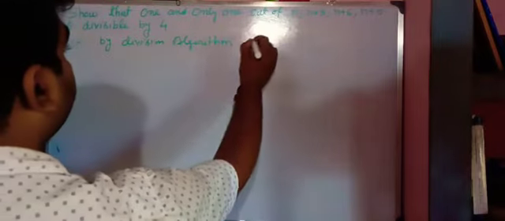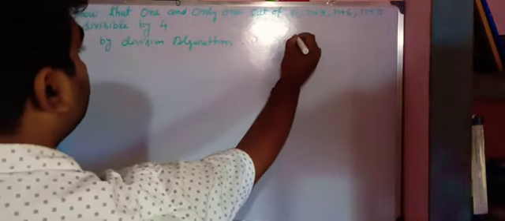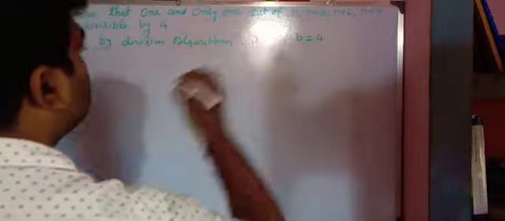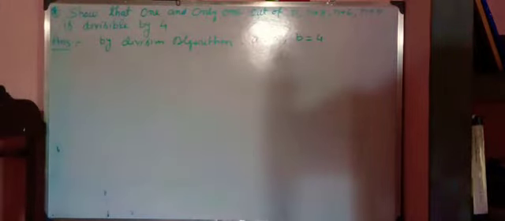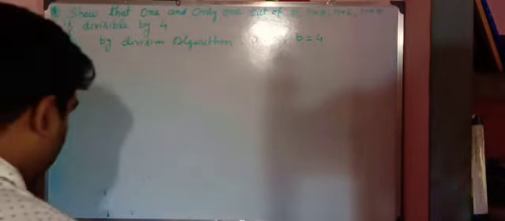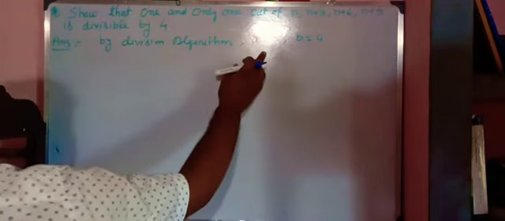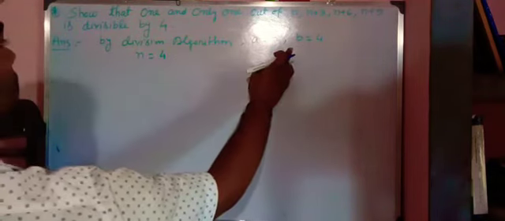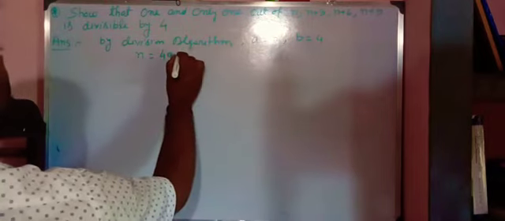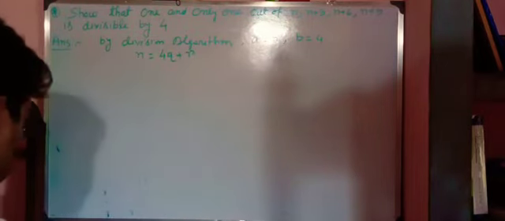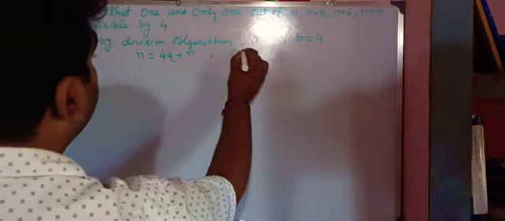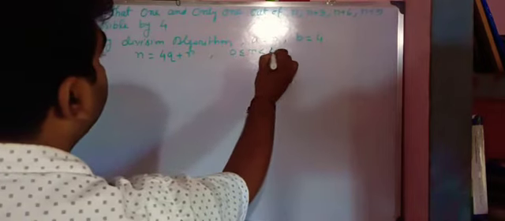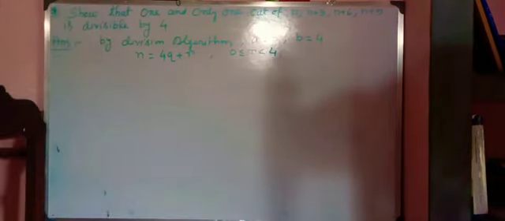with a equal to n and b equal to 4, we are getting n is equal to 4q plus r, where 0 less than or equal to r less than 4. By the division algorithm we know that.